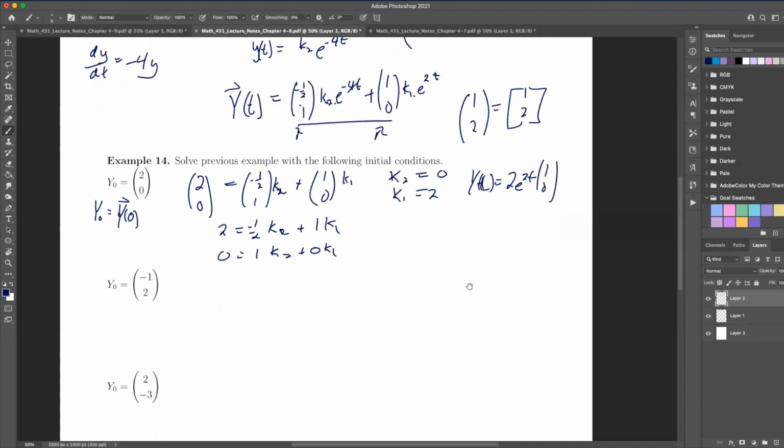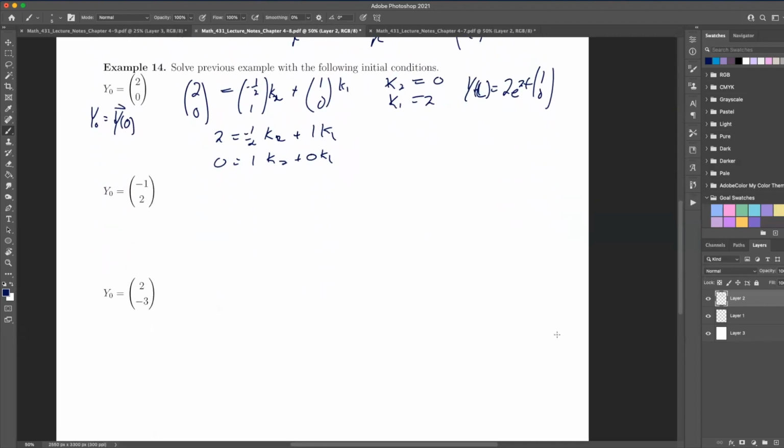Here, let's do another one real quick. So here I'll have minus 1 and 2. We want to solve the following: minus a half and 1, k2 plus 1 and 0, k1. Well, what does this end up equaling?